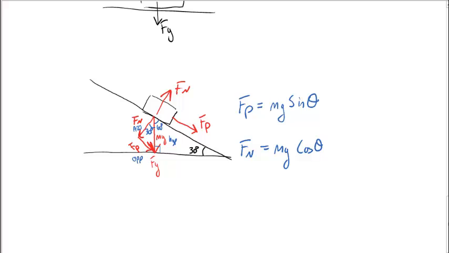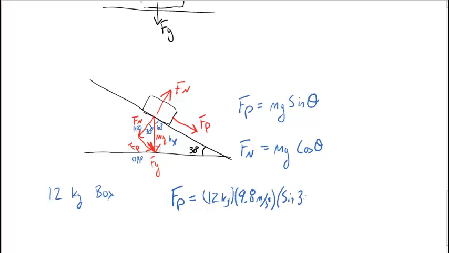And so if I say I have a 12 kilogram box, then the parallel force acting on this 12 kilogram box will be 12 kilograms times 9.8 meters per second squared times sine of 30 degrees.